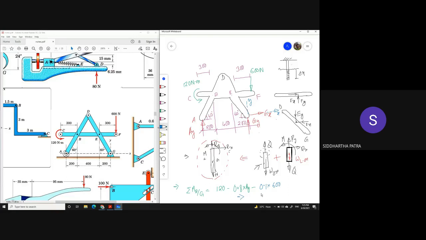So therefore, Ay equals 60 divided by 0.8, which is, I guess, 75 Newton.